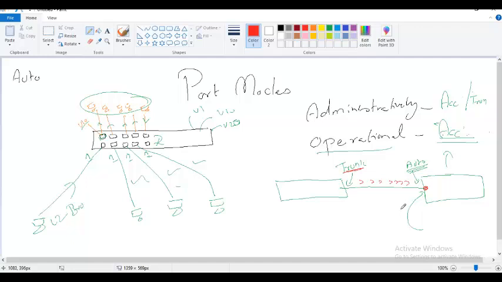When administratively it is auto, I can be access or a trunk. By default, operationally, I'm access. But now, because you are trunk, let me also become a trunk.